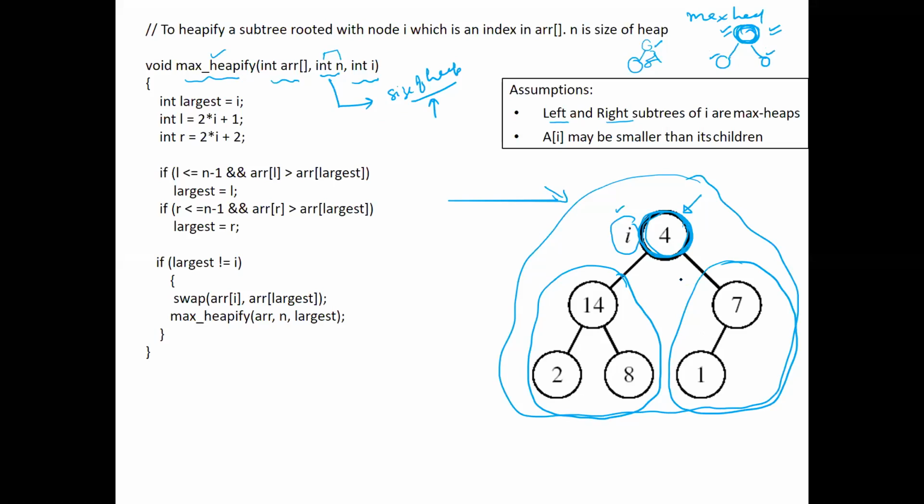Only then it is applicable. This one fulfills the max heap property because 14 is greater than its children. It is a max heap. This is also a max heap because the parent node is greater than the child node. So if both of these are max heaps, only then can we apply the max heapify function on the ith index node.